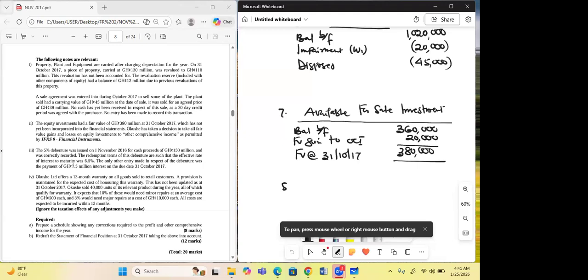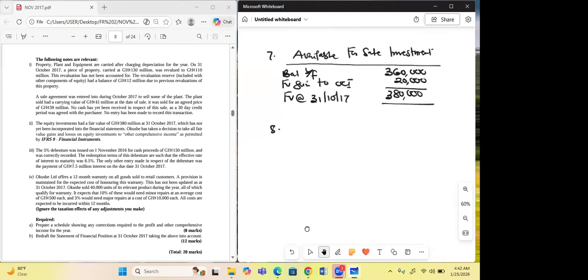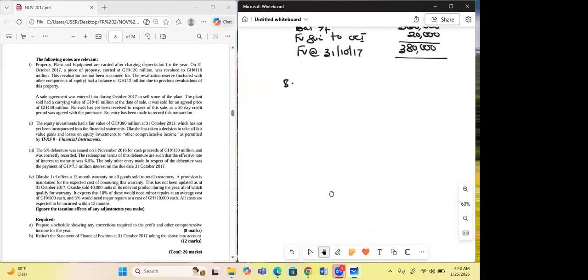Okay, so let's continue. So working number 8. It says the debenture should be measured at amortized cost. So amortized cost means we should carry it at the difference between effective interest and nominal interest. And so this is what we do. 5% debenture.